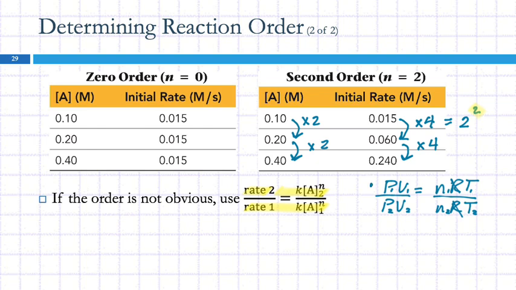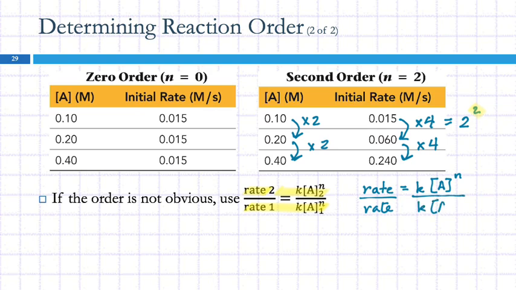Let's see if I can get this to work. We're going to do the same kind of idea here. So rate law, rate is equal to the constant times the concentration raised to a power. So we're going to take one rate law and divide it by another rate law.